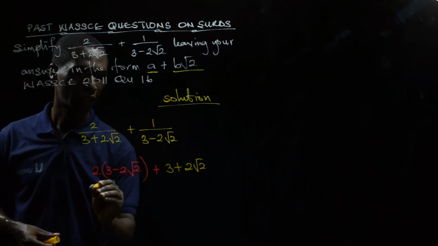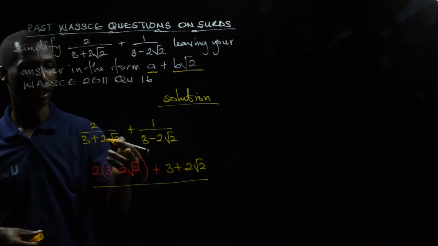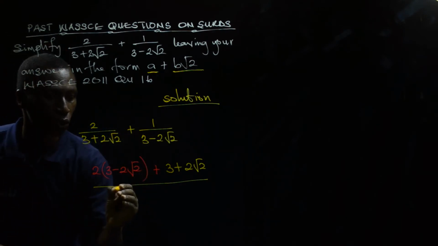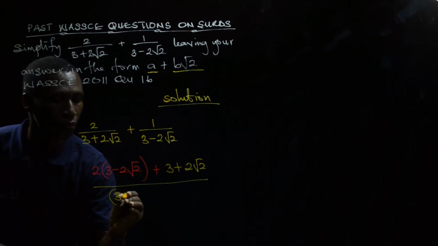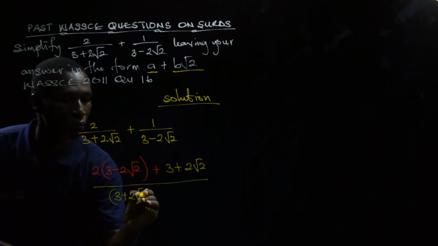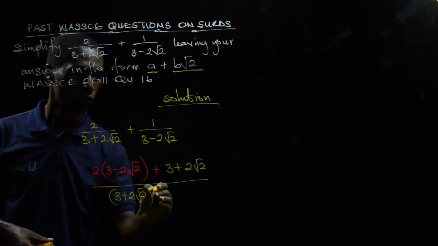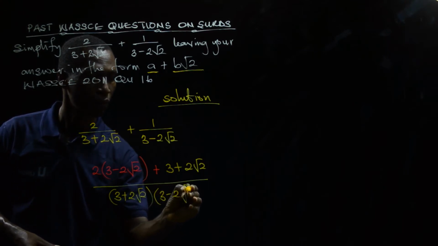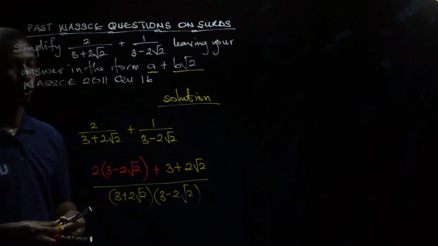Then the denominator, like you are finding the LCM, you put the two denominators together. So this is also going to give me 3 plus 2 root 2 times 3 minus 2 root 2.